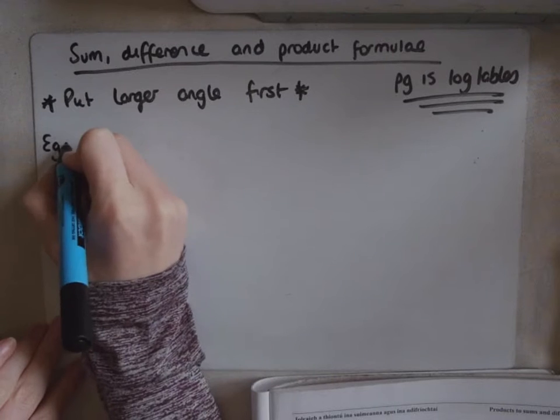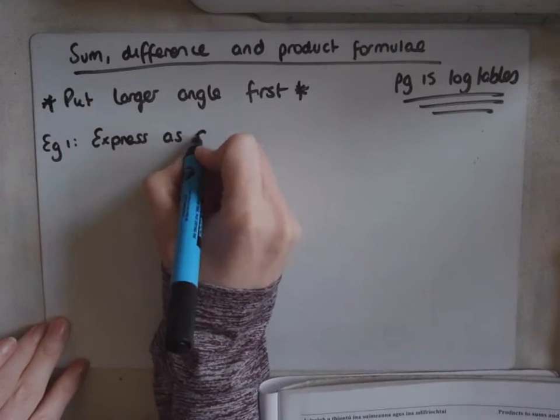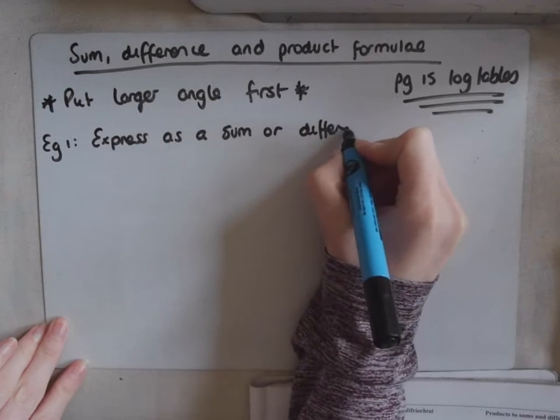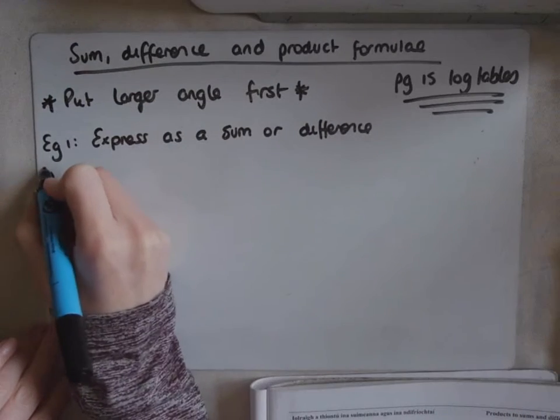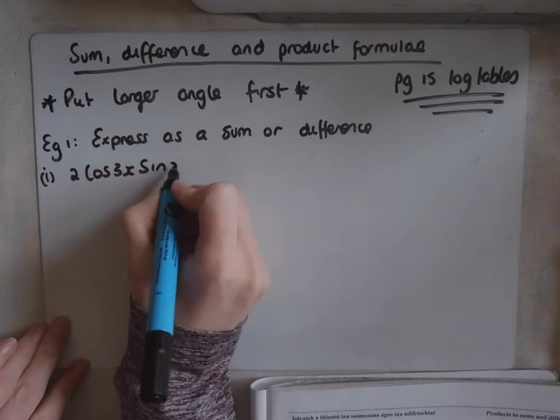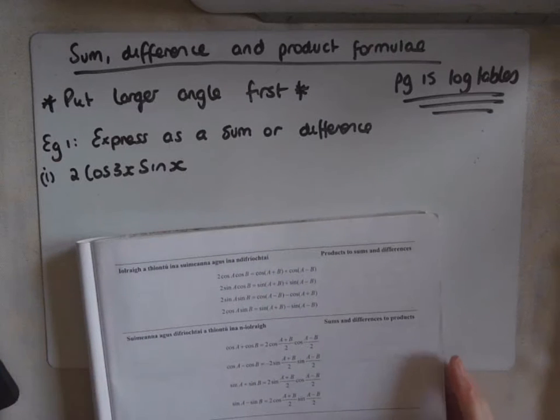So example 1. Express as a sum or difference 2 cos 3x sine x. So you're always putting the larger angle first.